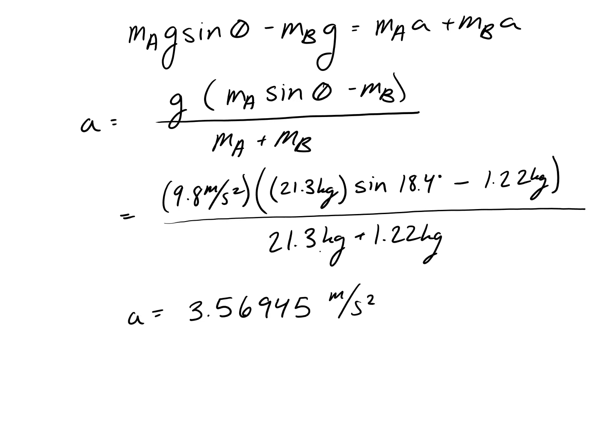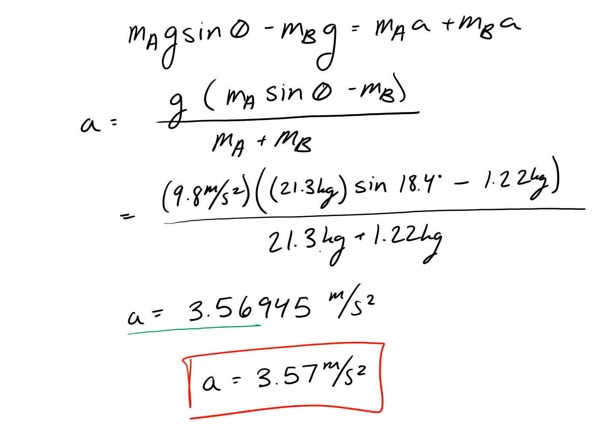The reason I carried so many sig figs here is I do need the answer in part C, so I carried a couple extra ones. It is a 3 sig fig question, so that means my answer will need to be 3. I like to carry 3 extra ones when I'm doing problems. So my answer for B is going to be 3.57 meters per second squared.